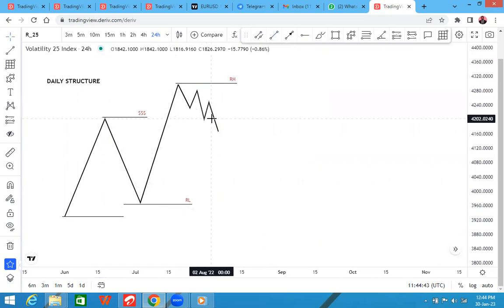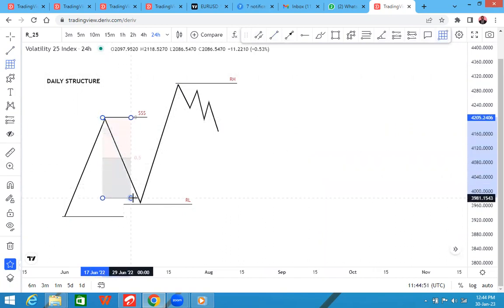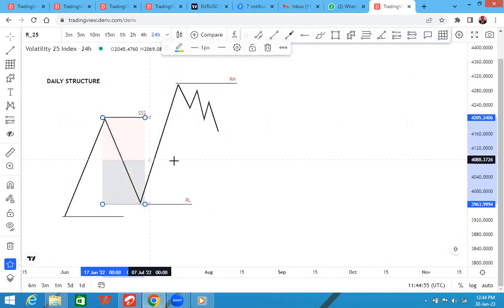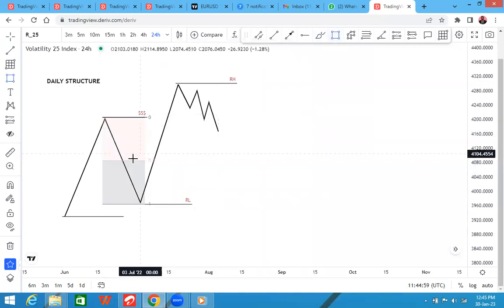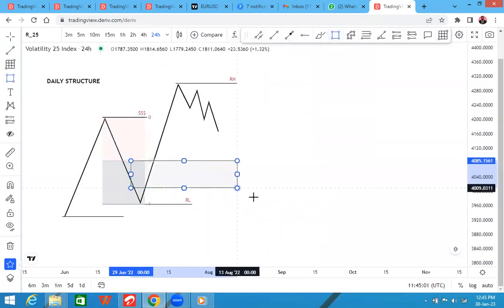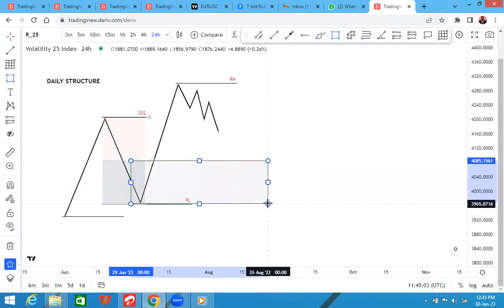Now, price is retracing. We are expecting that price should come to 50% of all of this retracement move before the expansion around the zone. So this is what I do. I simply come and I draw my rectangular box on this.